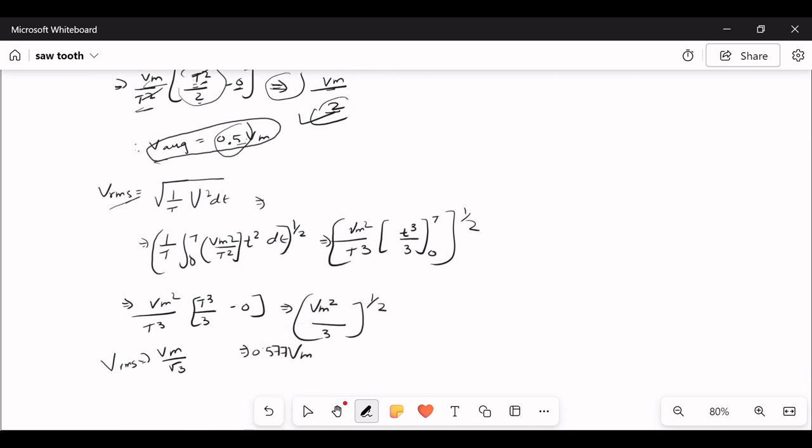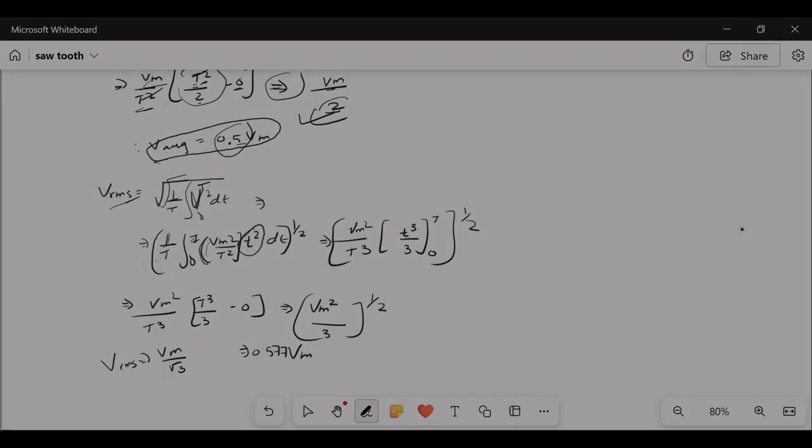To find the VRMS value, we take the root of the voltage V square and we integrate from 0 to T. Again I forgot to write 0 to T there. So if we put the VRMS here, this is the whole time period T, integration from 0 to T. V square is the slope of the triangle, that is Vm square by T square in terms of time period T. So t square also becomes T square, dt.